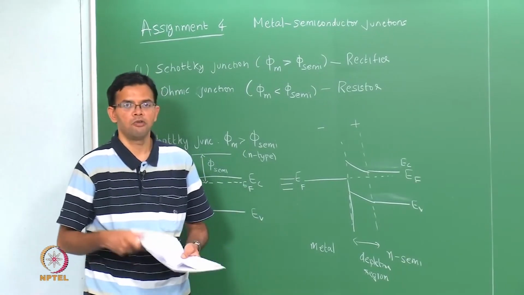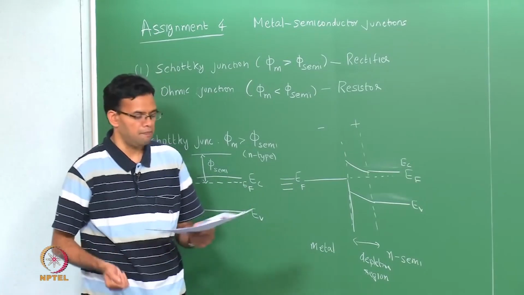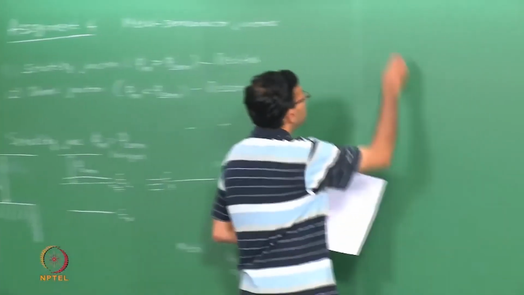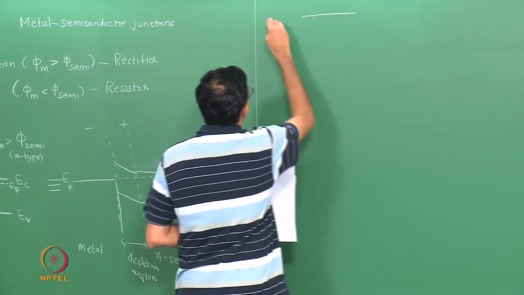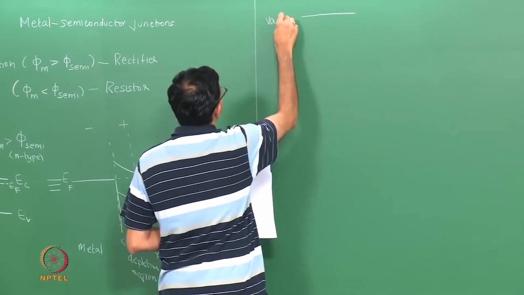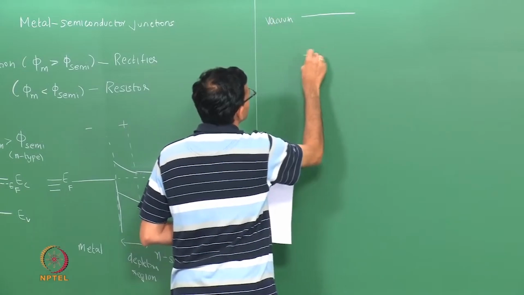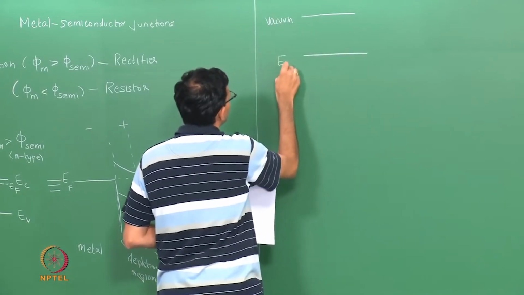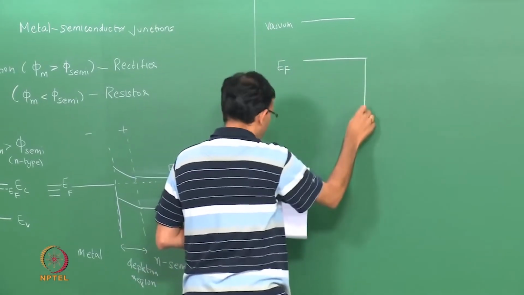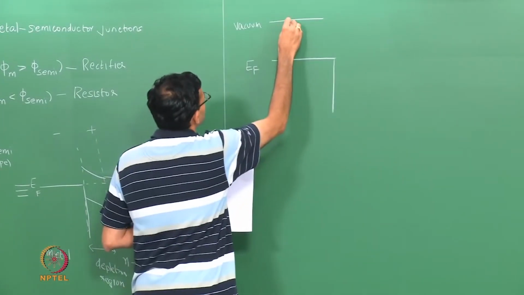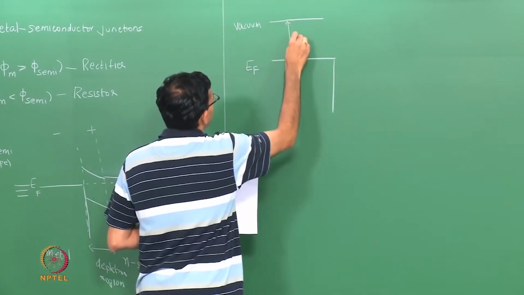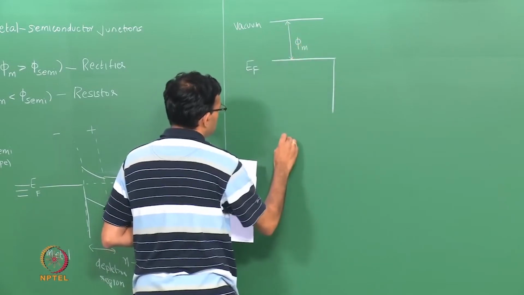So, let us now draw one for a metal and a P type. So, once again we have the vacuum level. You have the Fermi level of the metal, and this is phi m. So, this is the metal.